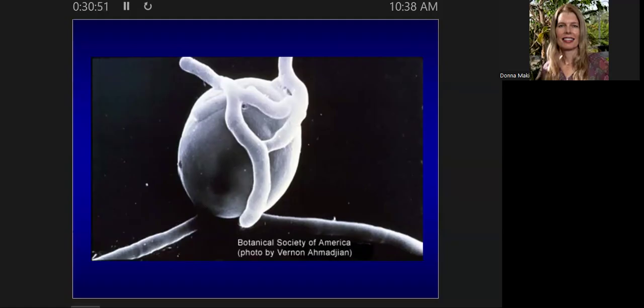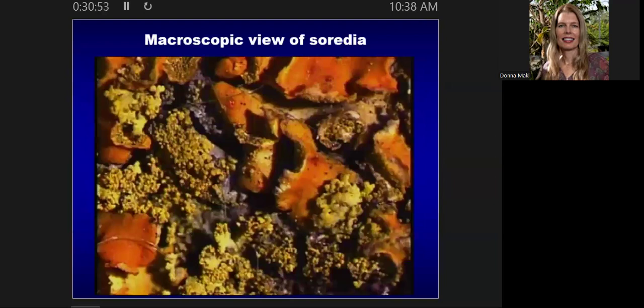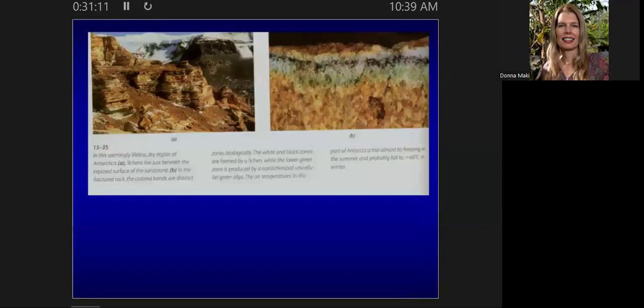So if you look down on a patch of lichen, often that granular look to it, that's soredia. You can't always see it, and sometimes you would need a hand lens in order to look at it more carefully. But some lichens, you can see the soredia forming on the surface.